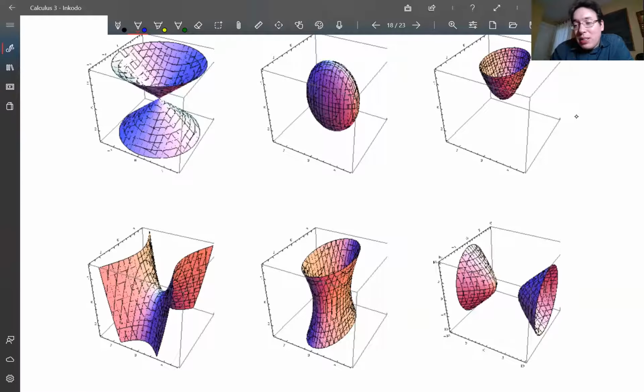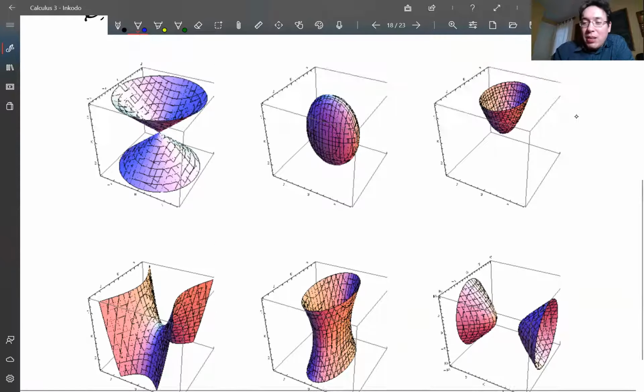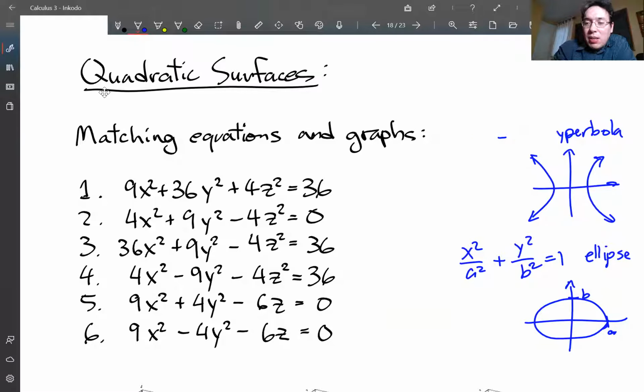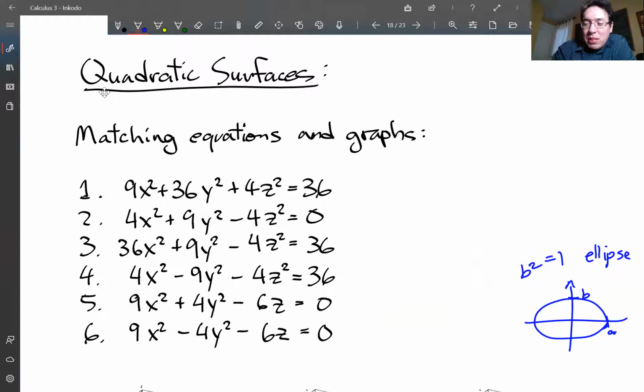Well, there's one quadratic surface that you already know, and that's a sphere, right? So actually, let me erase these notes. That's high school algebra 2 stuff that maybe you've seen a while ago.